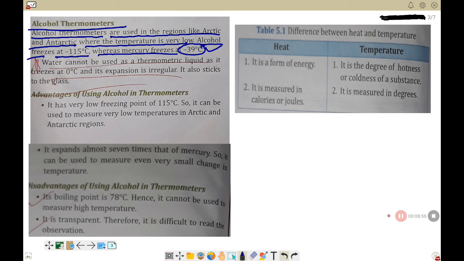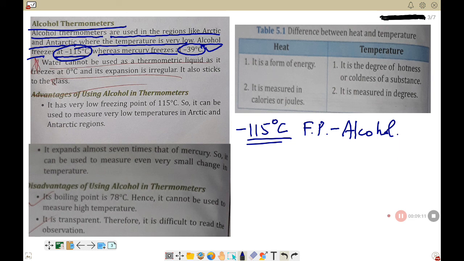Understand? Now what is the freezing point of alcohol? Minus 115 degrees Celsius. This is the freezing point of alcohol. Whereas the freezing point of mercury is minus 39 degrees Celsius.